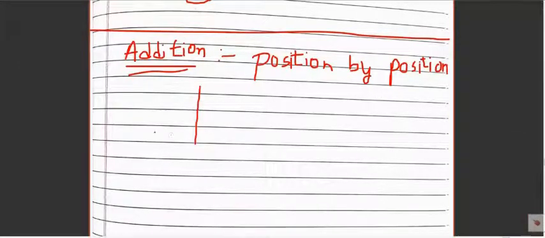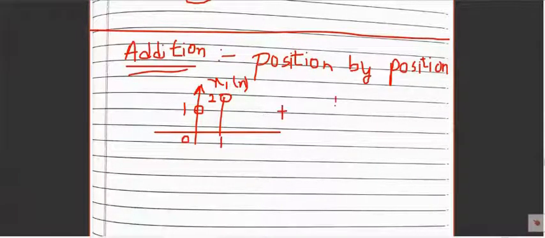Suppose we have the sequence x1n with amplitudes 1, 2, 0, 1. We have another sequence x2n.